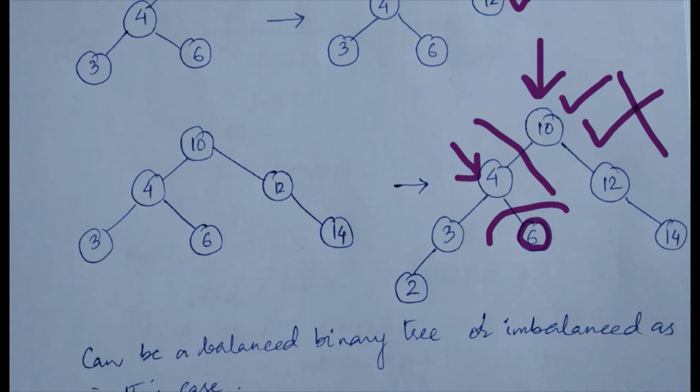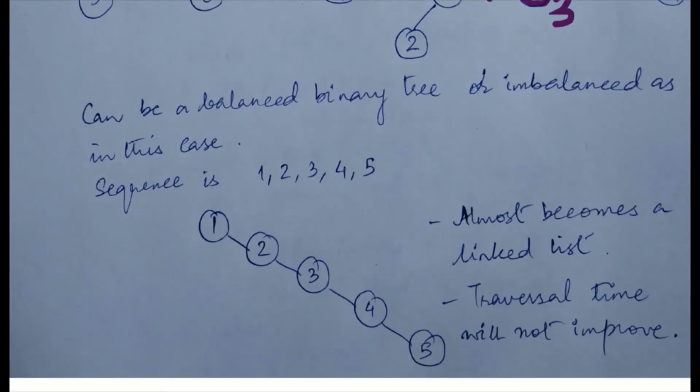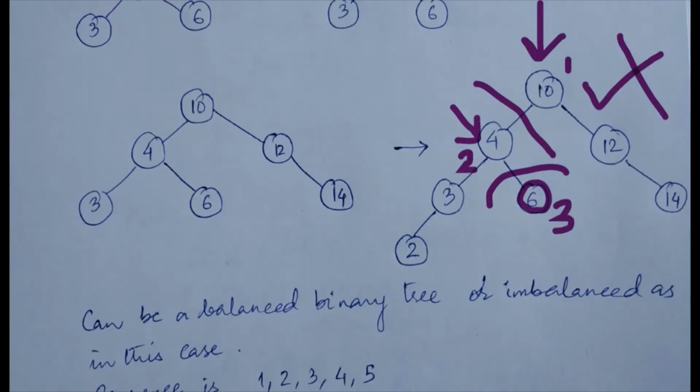So this is your first comparison with 10, second comparison with 4, and third comparison with 6. And 6 is what you were actually looking for. So this is how it reduces your search time.